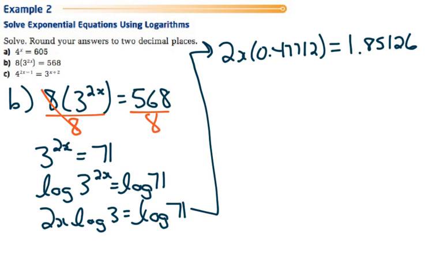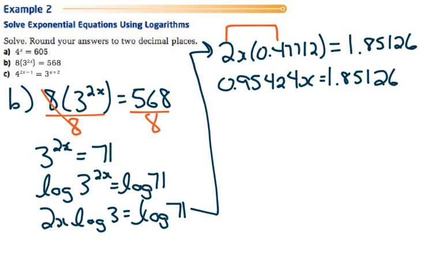The left is a little bit more complicated, but not that much. We have the 2 times the x times the 0.47712. So if we go ahead and multiply the 2 and the 0.47712, we would get 0.95424x equals 1.85126.